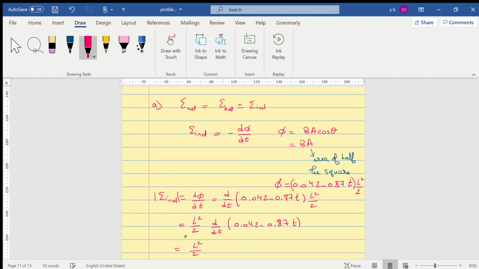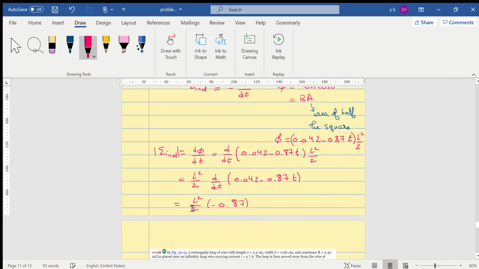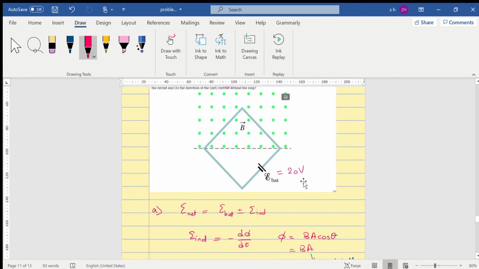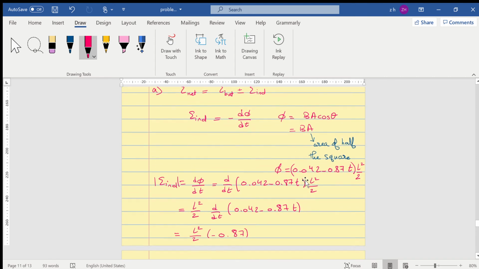And if we solve the derivative, we will just end up with minus 0.87. Of course, I will take away the minus sign because I'm not interested in the directions yet. The length of the side of our square is 2. So this is 2 squared over 2 times 0.87. And this will give us 1.74 volts.